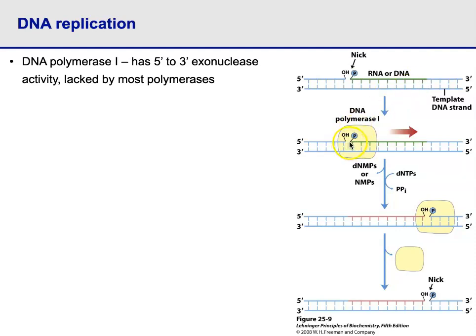DNA polymerase comes in, starts excising the RNA primer or the RNA nucleotides until it reaches the DNA nucleotides. Then it stops and falls off. And now we have a repaired segment free of RNA and a nick. This nick, we'll see later, will be repaired by a DNA ligase, and it will be like it has never been there.